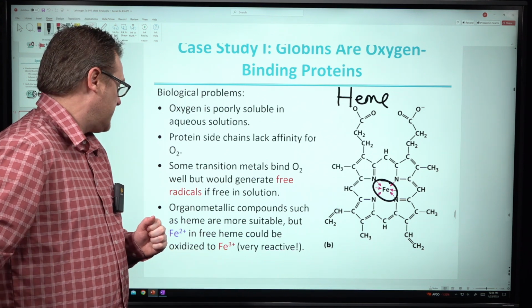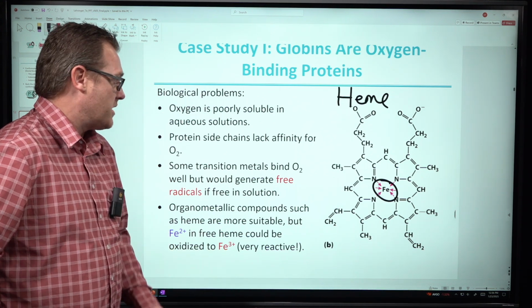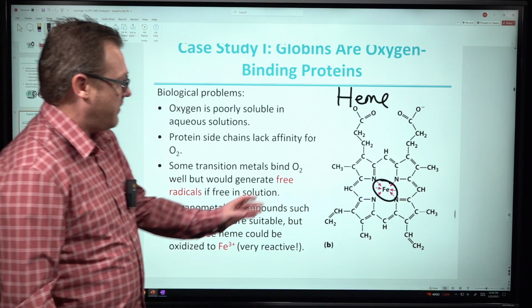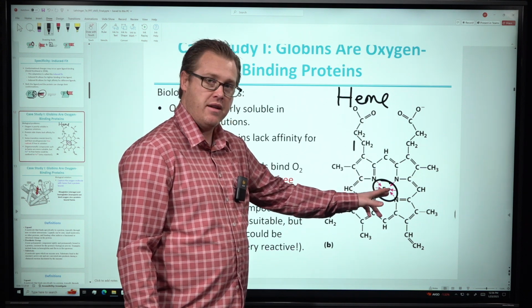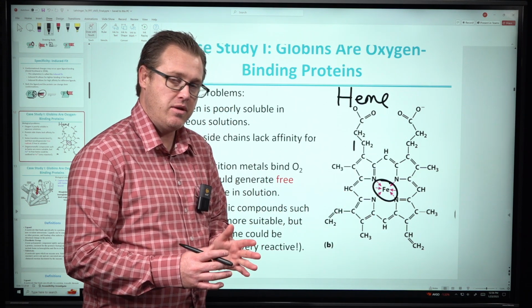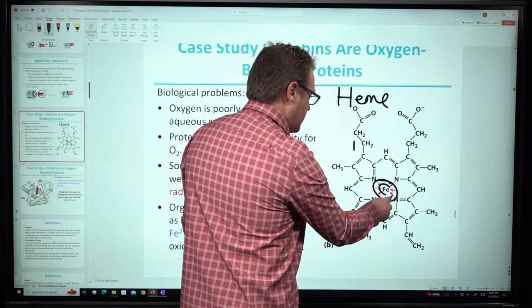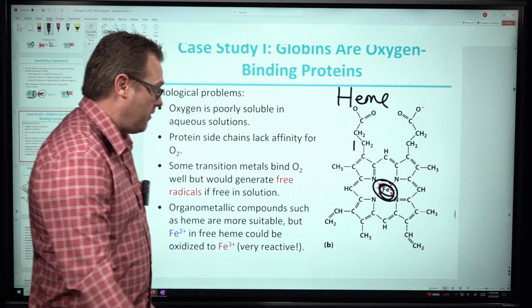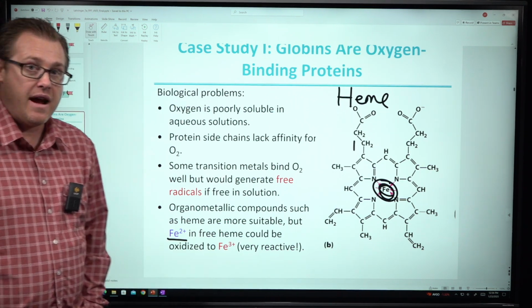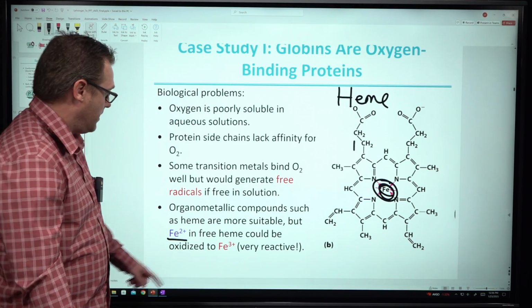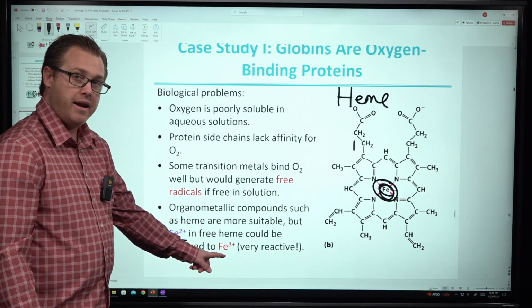Still not very good, because if you have just free heme all by itself with iron in there and you attach oxygen to it, it's going to oxidize this iron atom from iron 2+, so ferrous, to Fe3+, ferric.